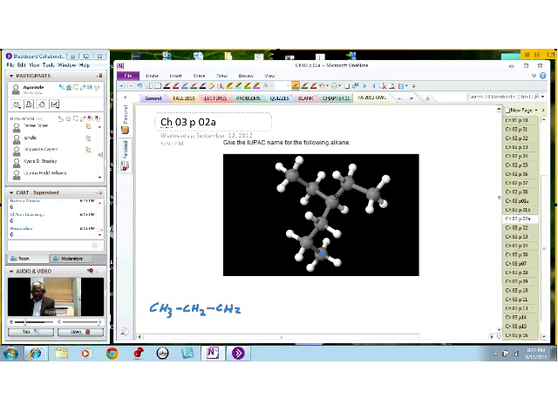And this CH2 is attached to a CH right here. And the CH is attached to an ethyl group and also another ethyl group. So 2 ethyl groups.